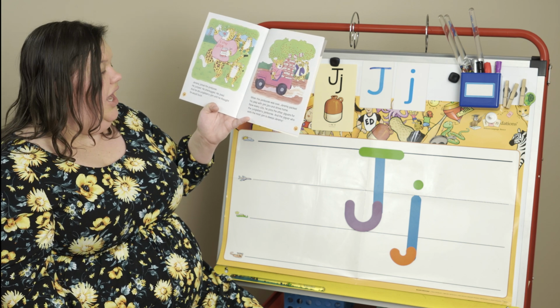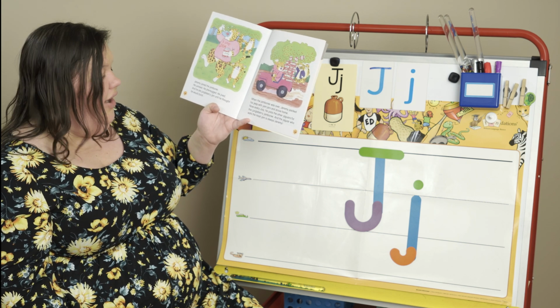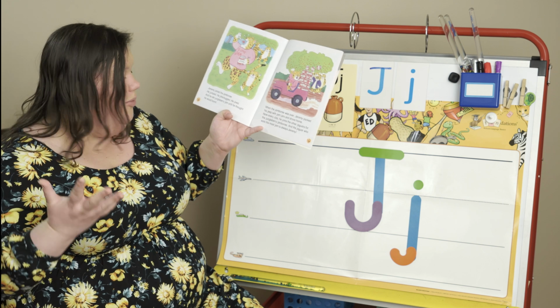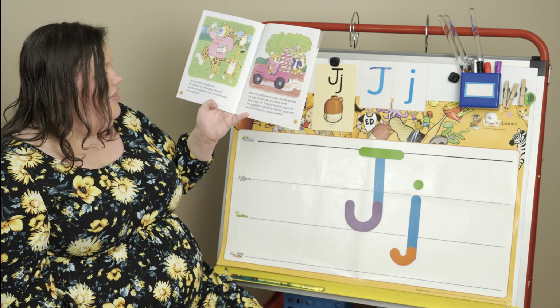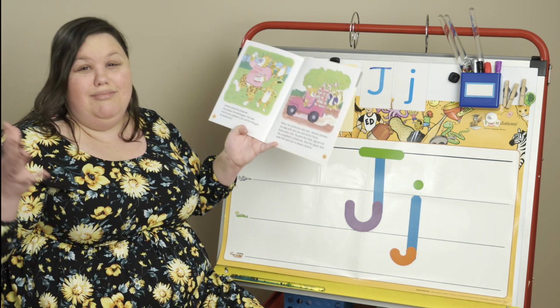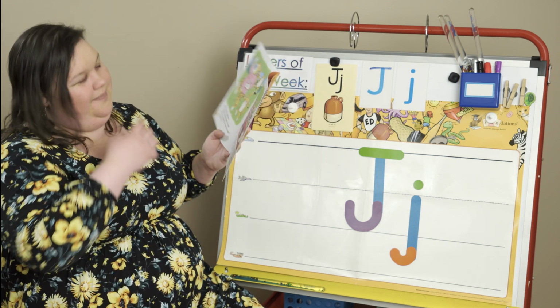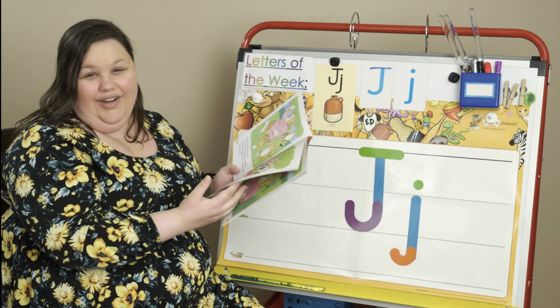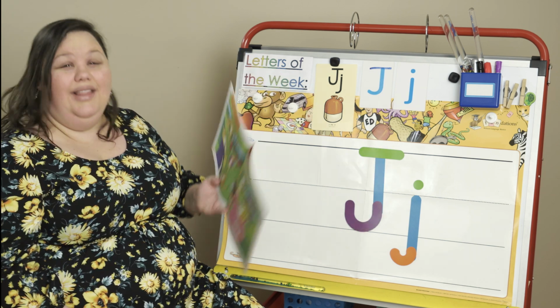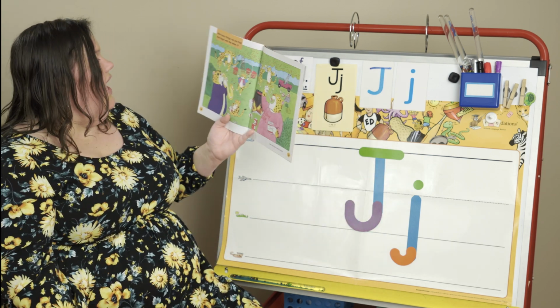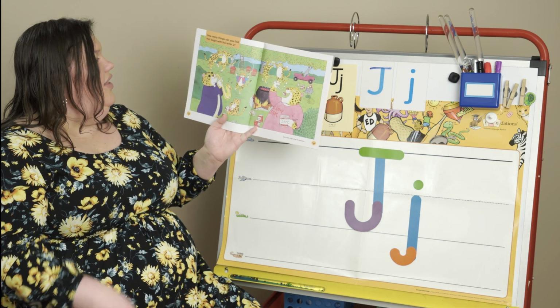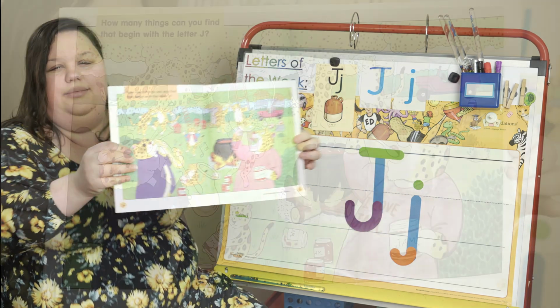Now every July, he joins the other jaguars for the jungleberry jamboree. And the jaguar who eats the most jam is always Jeremy. He made a lot of friends, didn't he? The end. How many things can you find that begin with the letter J?